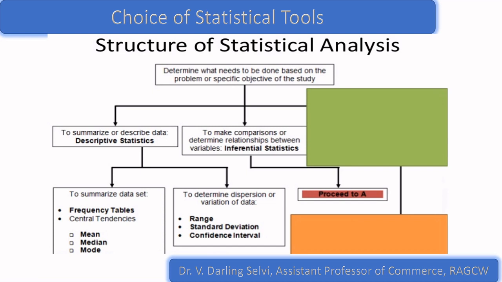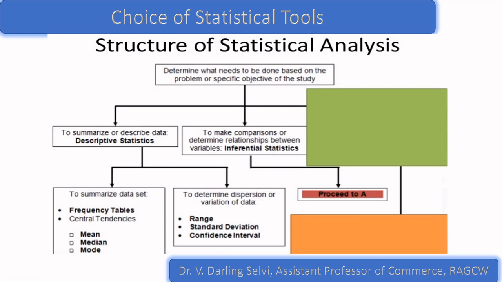So now, choosing among the statistical tools, the choice relies on two aspects. One is descriptive statistics and one is inferential statistics. Just to exhibit the nature of data, we will follow descriptive statistics.